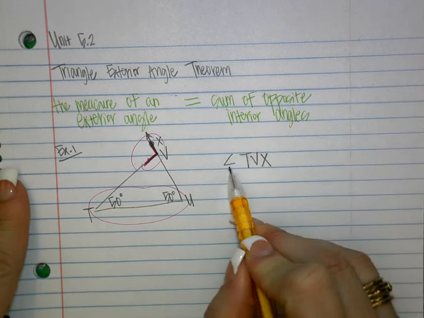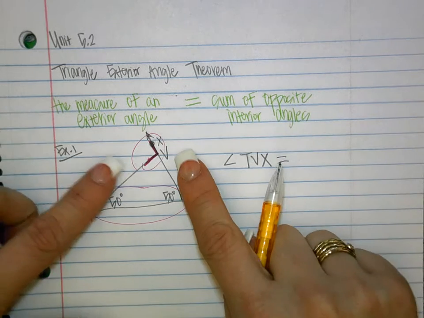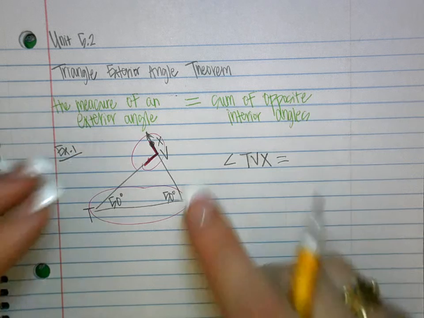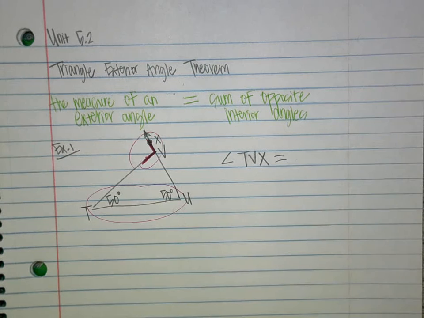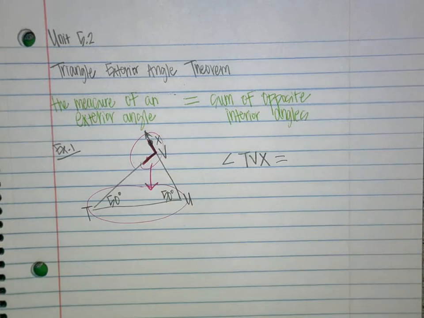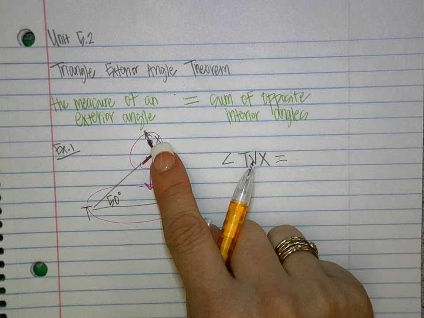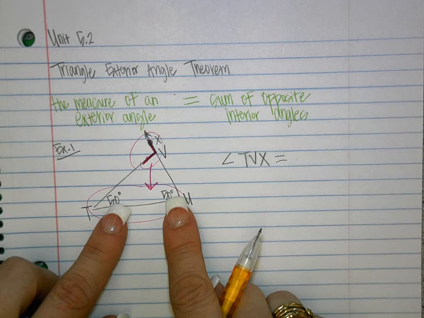So this outside angle is equal to the two added together.